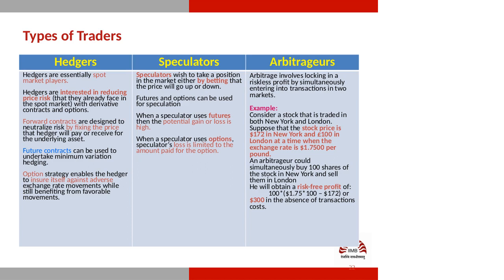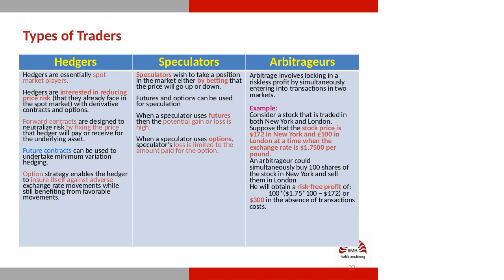Do we know which is correct? So how can you make a profit? The way you can make a profit is given out there. I simultaneously buy 100 shares of the stock in New York and sell them in London. By buying 100 shares in New York, I'm paying $172 per share.